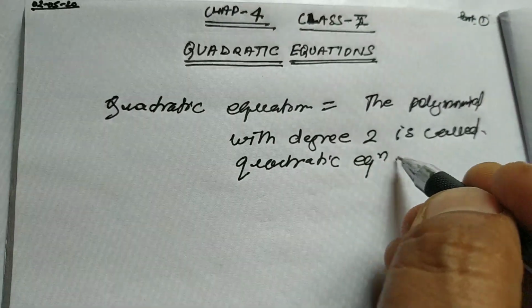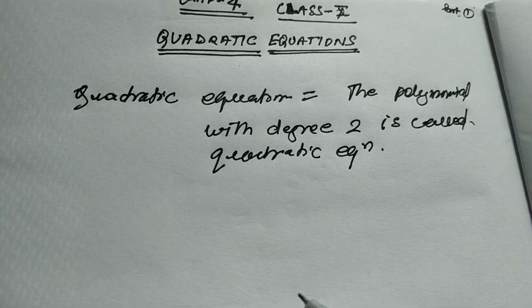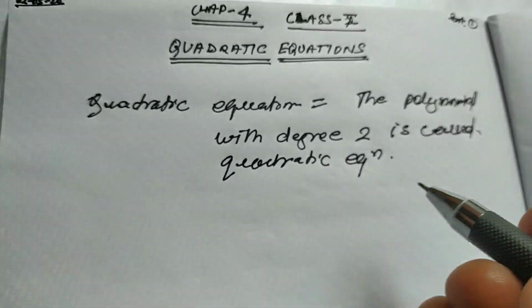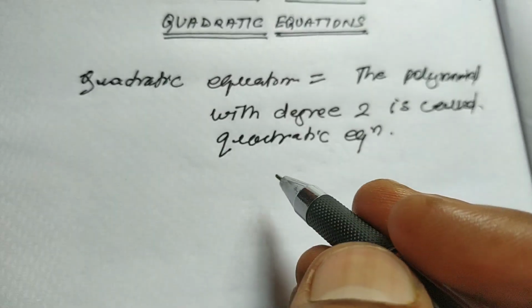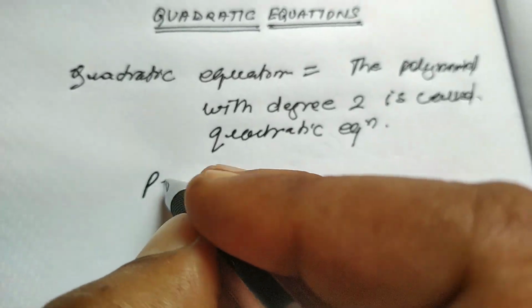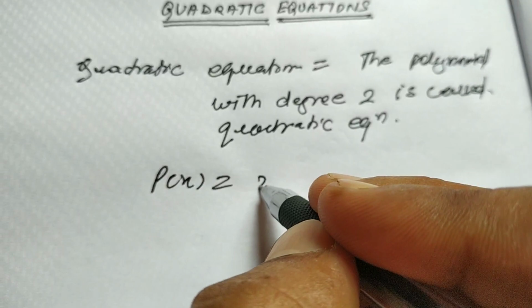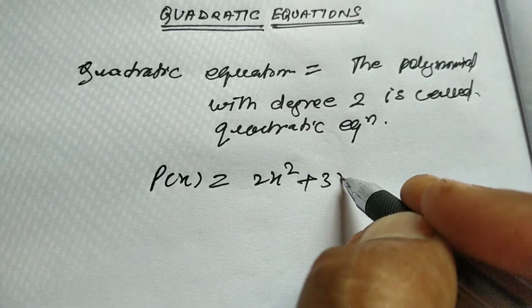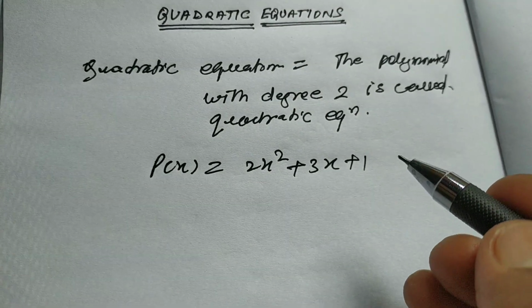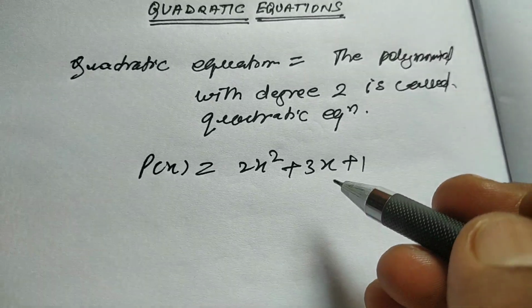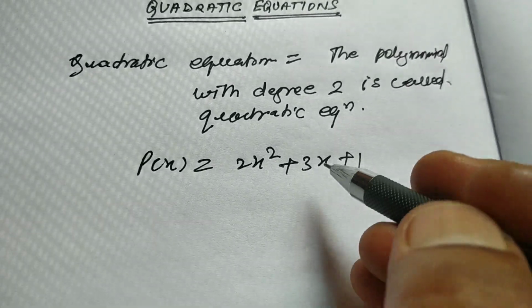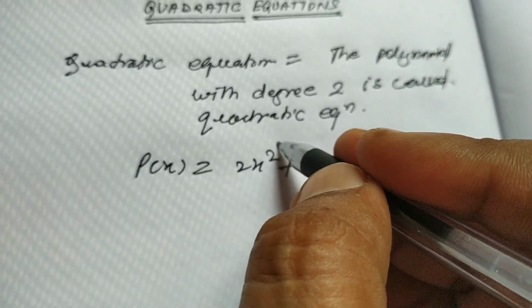That means if in a polynomial of one variable, for example p(x) is equal to 2x square plus 3x plus 1, the highest power of the variable must be 2.